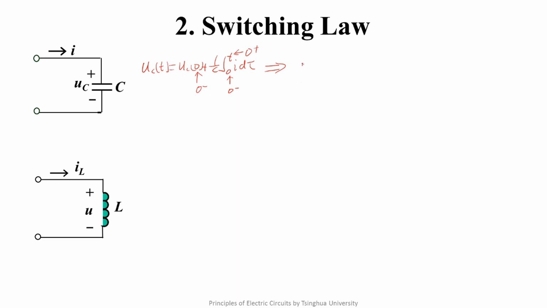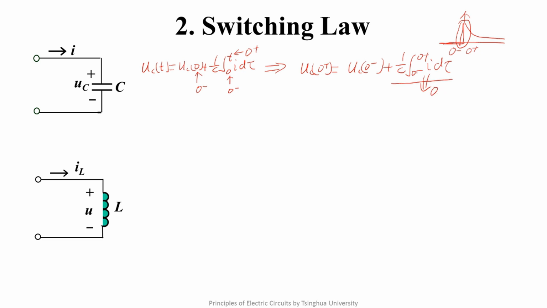Let's see this item. If the capacitor current has a jump, like we discussed previously, no matter how high it is, the integral value from 0 negative to 0 positive is 0.